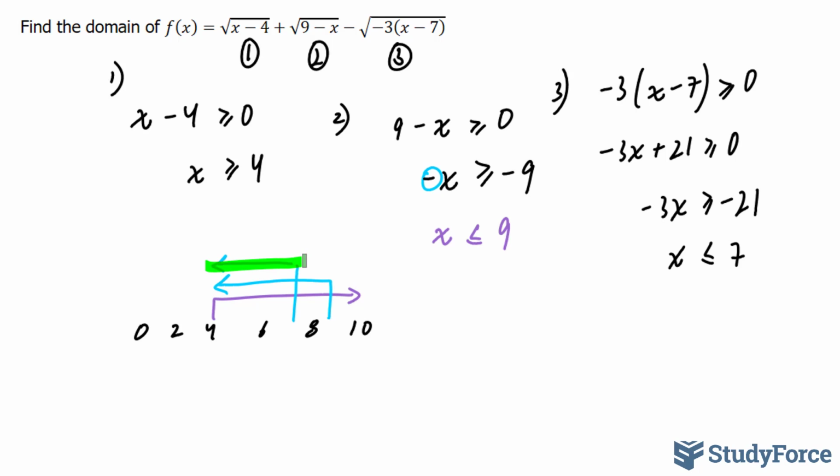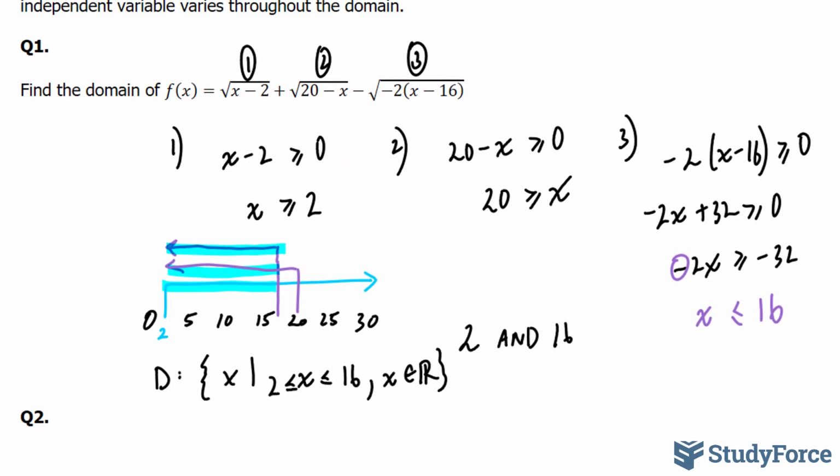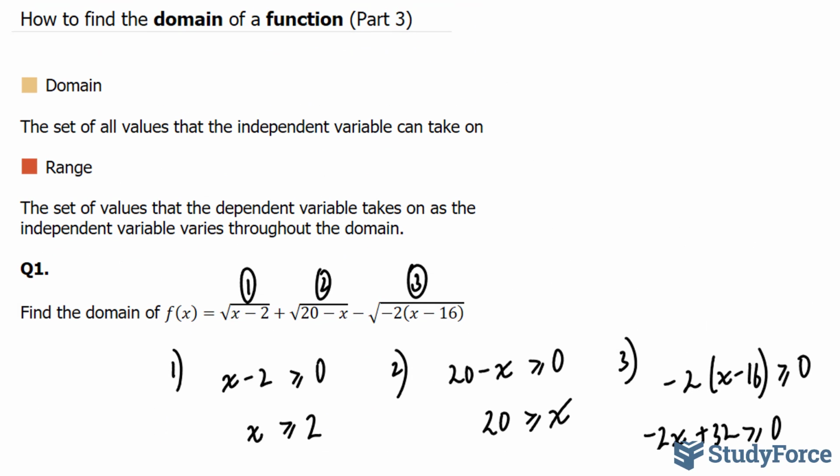This is where they are in common, and so therefore our domain must be between 4 and 7. And the way we write down this in a formal way is the following: x such that x must be between 4 and 7 for all real values of x. So there you have it. Two final examples pertaining to how to find the domain of a complicated function.